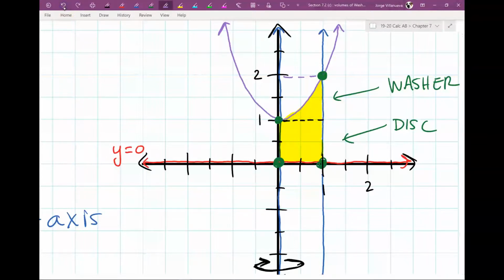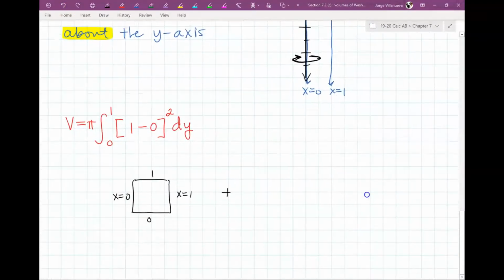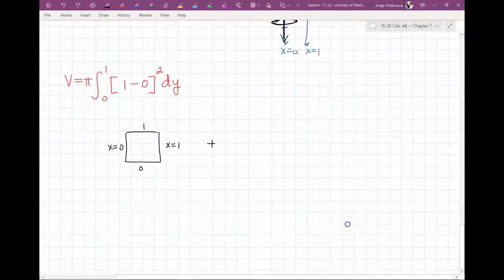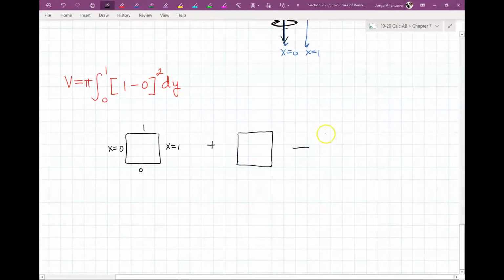So here we go. Let's draw this out. I'm going to get another square, and I'm going to subtract a piece that looks like this. Altogether, it's going to result in a piece that looks like this.